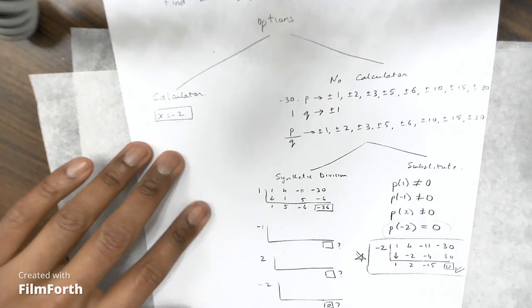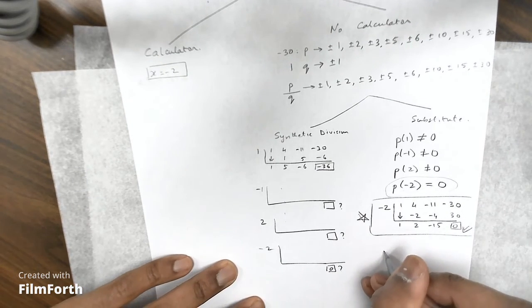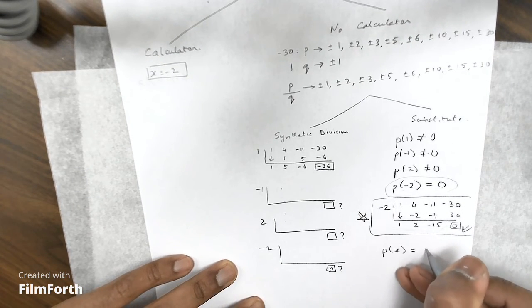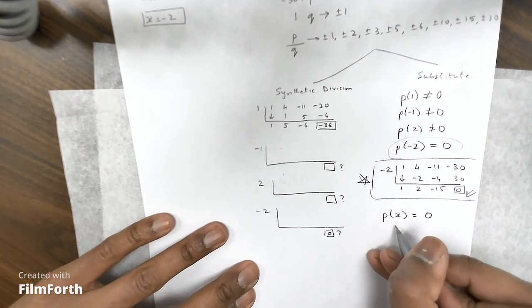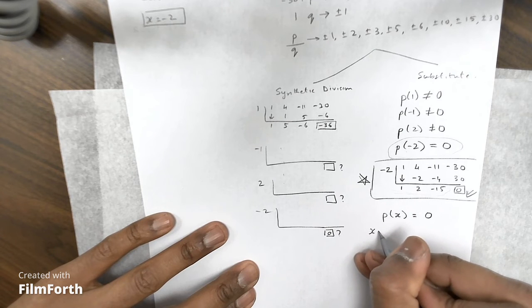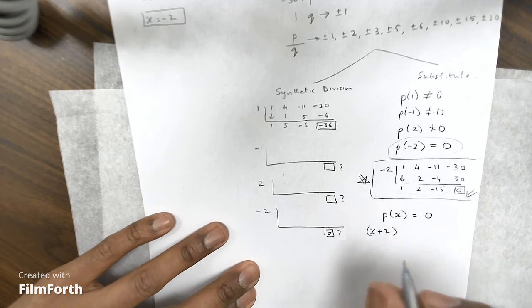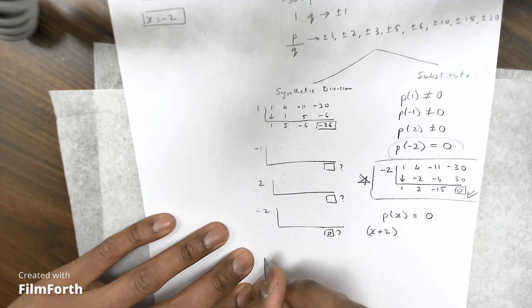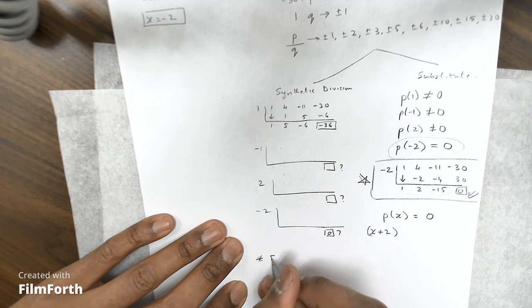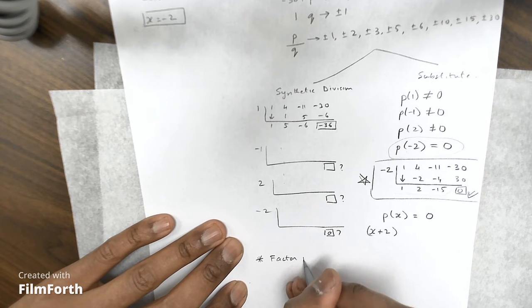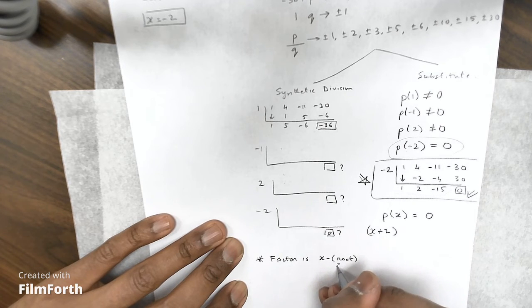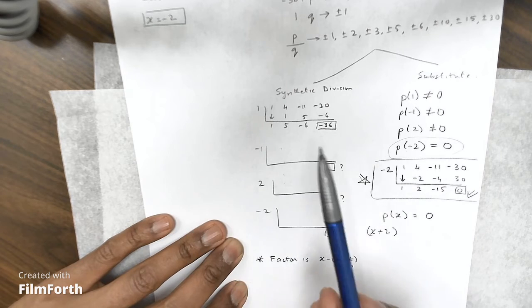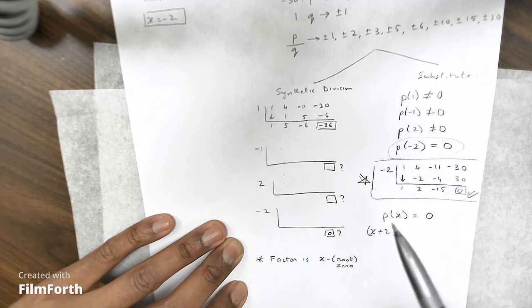I'm finding the zeros of p of x. I want to know where p of x is 0. I have broken up p of x into two parts: x plus 2. How do I get that? Well, I will write it for reference here. A factor is x minus the root, or x minus the 0.